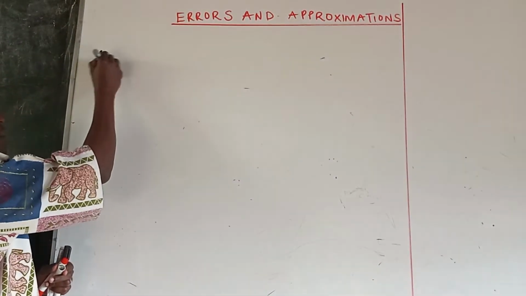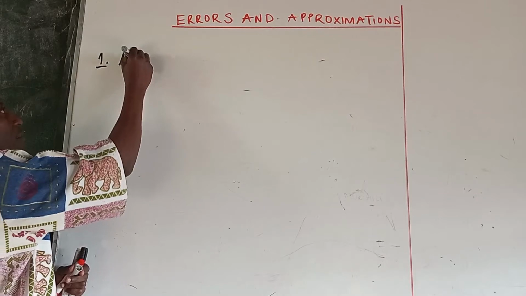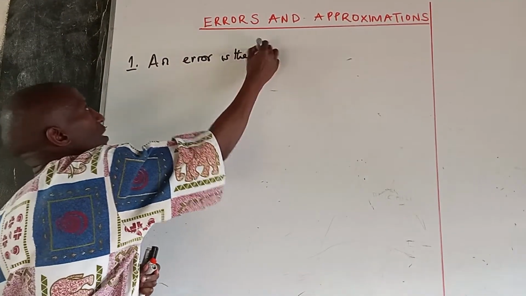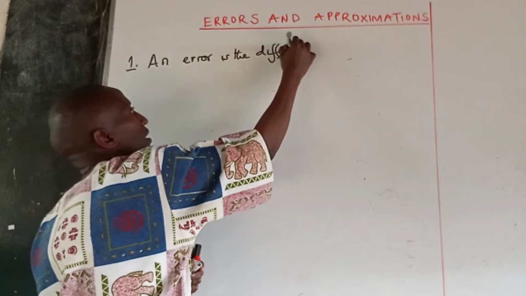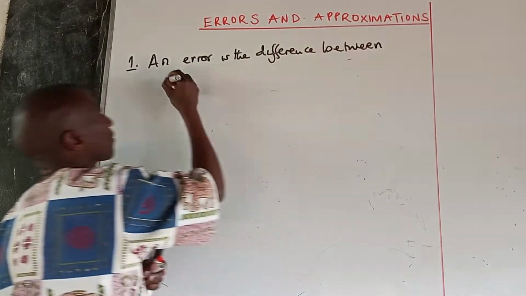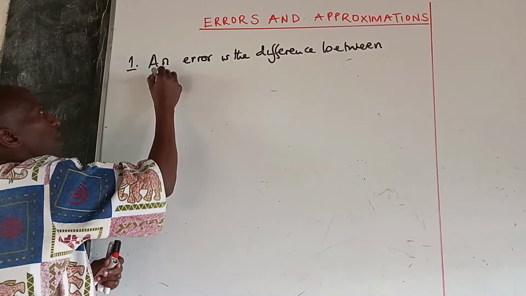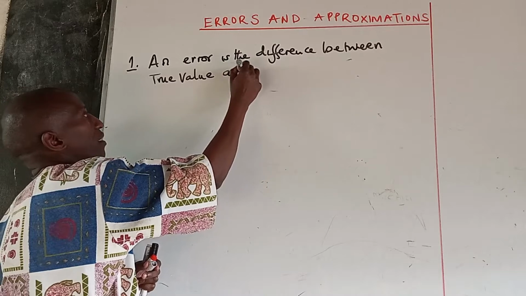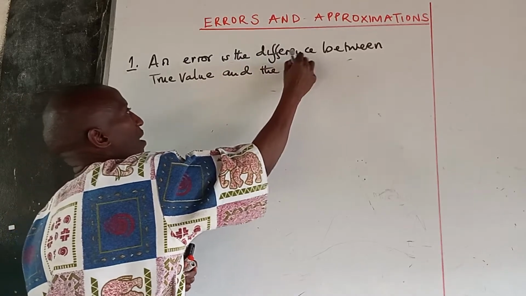Number 1, an error is the difference between the true value and the approximated value.